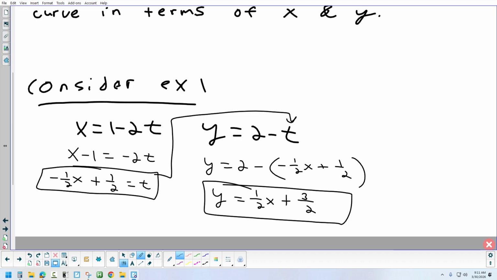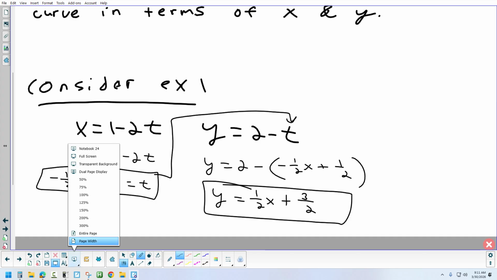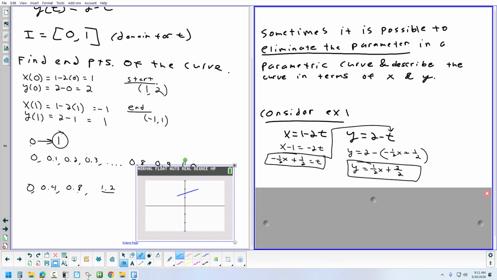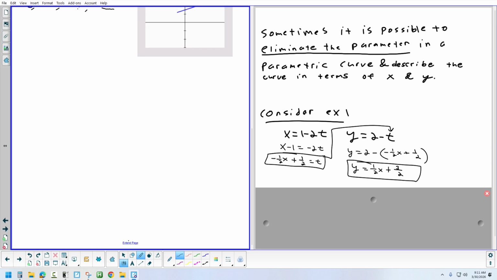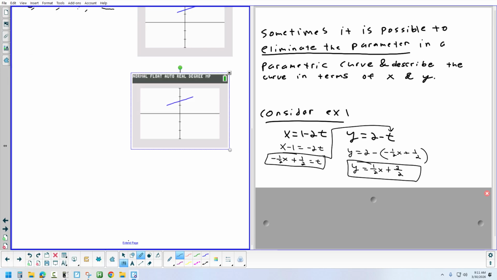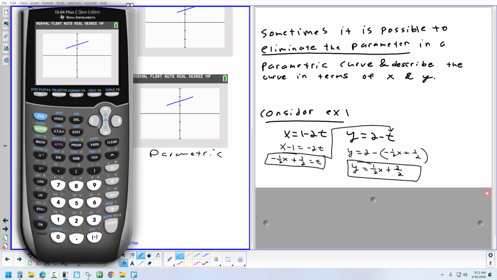Now let's graph that and see how it looks. All right, let me save our graph first. So that is the parametric. Let's graph 1/2 x plus 3/2 and see if it looks just like that.